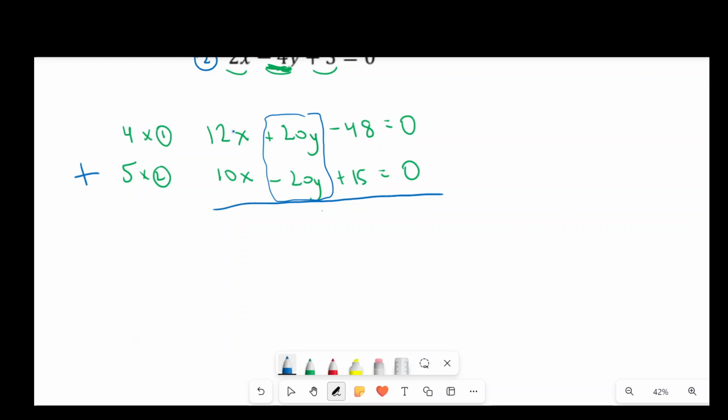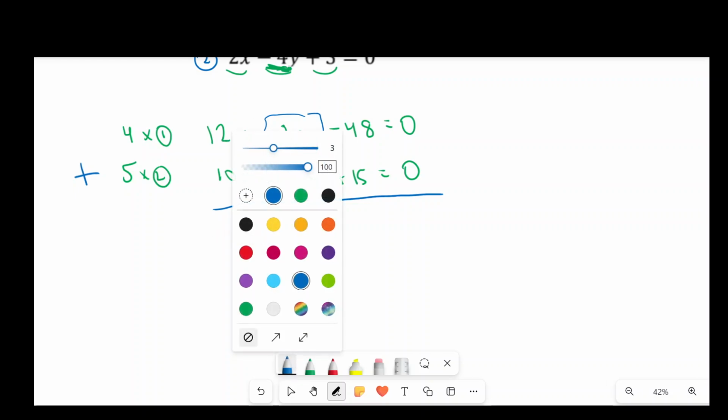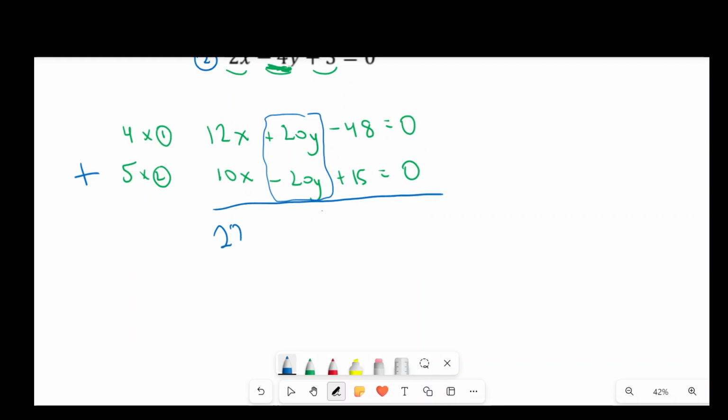With the x's, I have 12x plus 10x, that's 22x. Negative 48 plus 15. So this is why I like adding, because it's easy to forget if you were supposed to be subtracting. So negative 48 plus 15 is negative 33 equals 0.